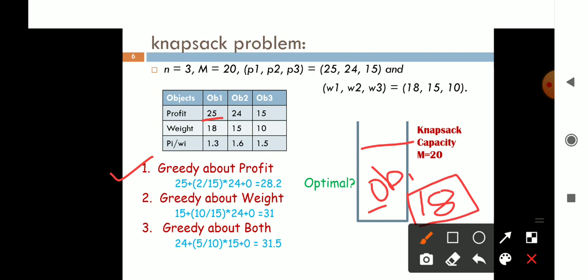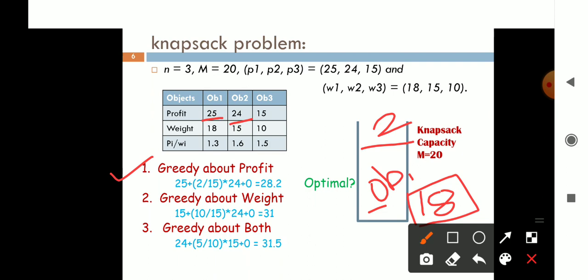Now what is remaining? The capacity of the bag remaining is only 2. If we talk about weight in kgs, we have only 2 kgs remaining in our bag. If we put 2 kgs of an item into our bag, it will be full. So what do we have to choose? The second object, which has the next greater profit.